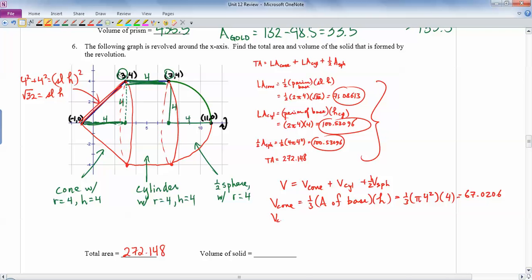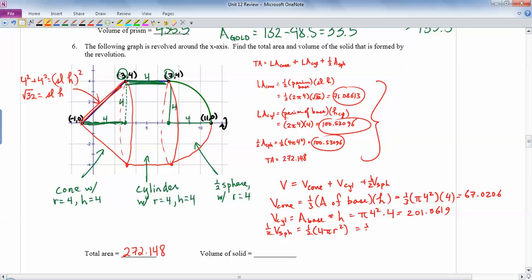Volume of the cylinder is area of the base times the height of the cylinder. Base is pi r squared, so pi 4 squared, times the height, which was 4 also. And that comes out to be 201.0619.